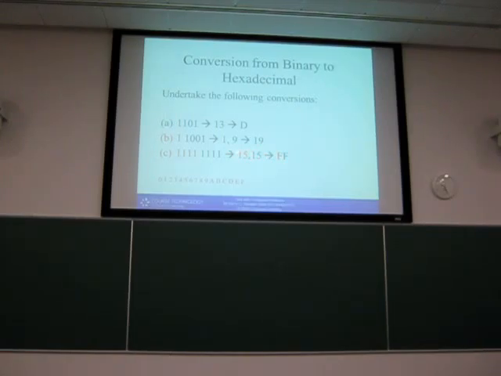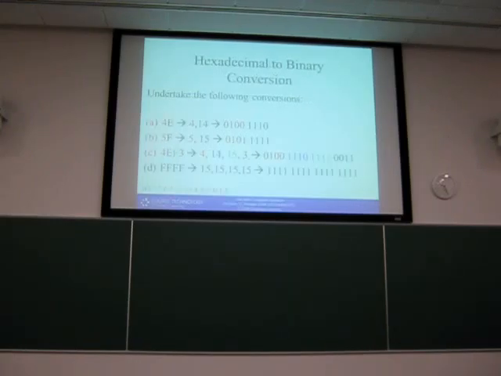This one, in this case, 15 is F. If you don't understand, please stop me. Same for hexadecimal to binary. Again, we decode that into decimal and then find the decimal into binary. That's a group of 4.